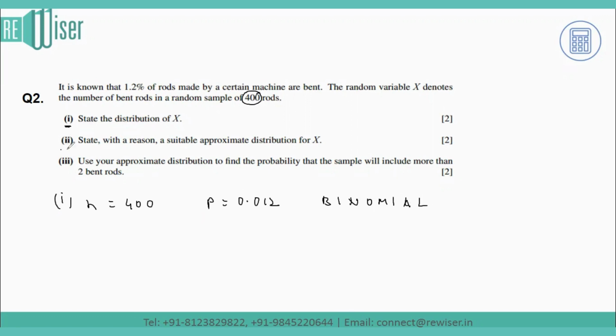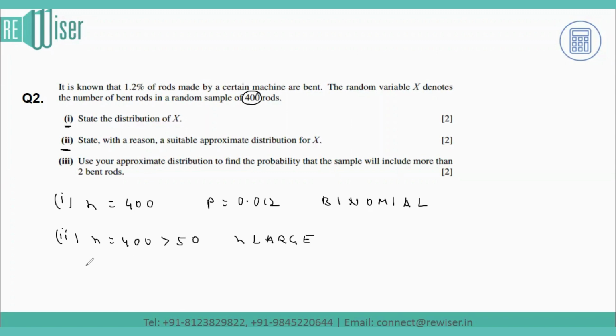If I move on to the second part of the question, they say state with a reason a suitable approximate distribution for x. Since n here is 400, which is greater than 50, we can say that n is large.